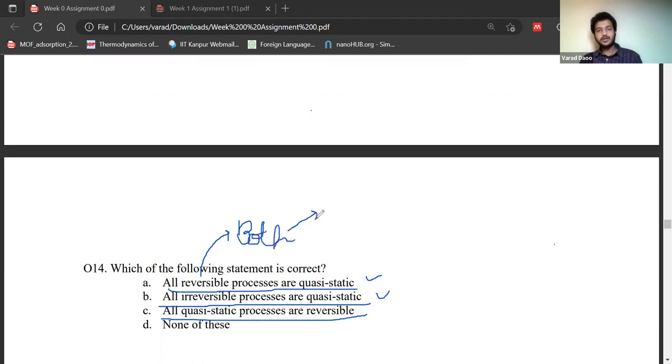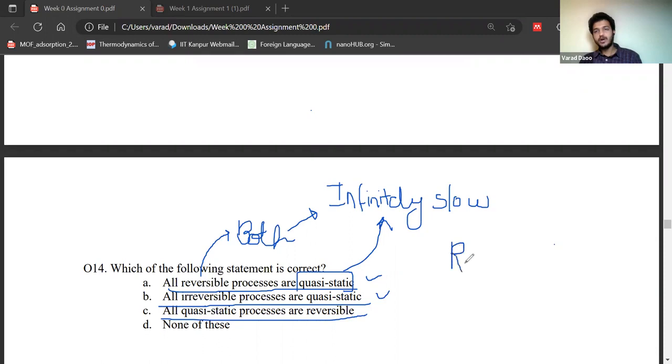And that is possible only in an infinitesimally slow process. Quasi-static processes are infinitely slow processes. So hence we can say all reversible processes are quasi-static processes, but all quasi-static processes are not reversible. There can be an irreversible quasi-static process.